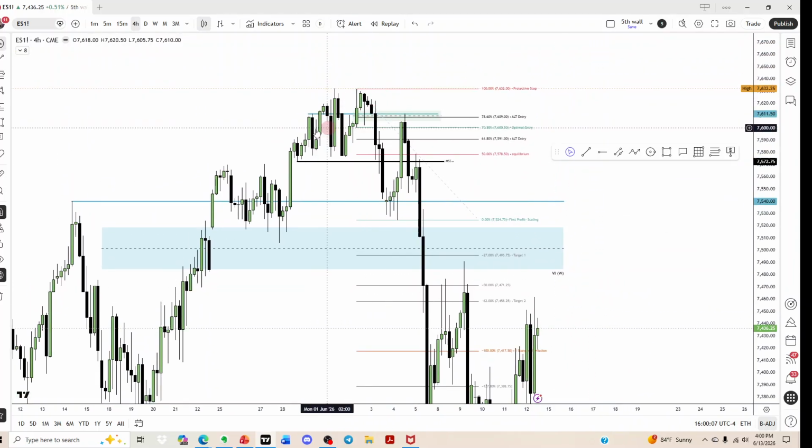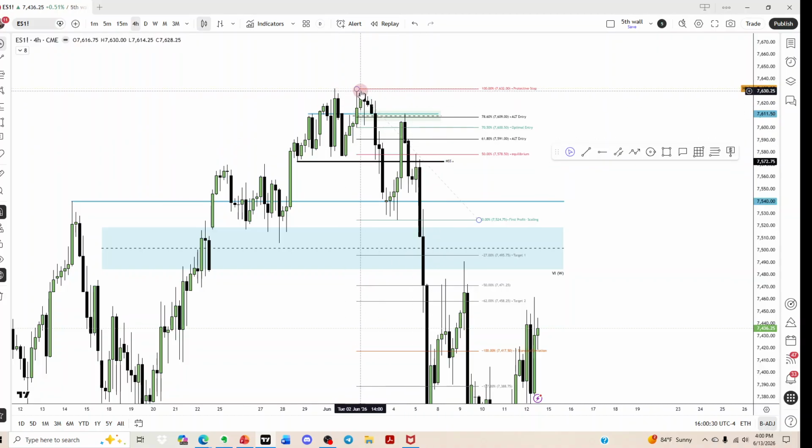So we have the 78.6 entry here. It's approximately a 19, 20-point spread here. Something like that. If you don't want to miss the move, you get in at 61.8, but your stop still stays here.